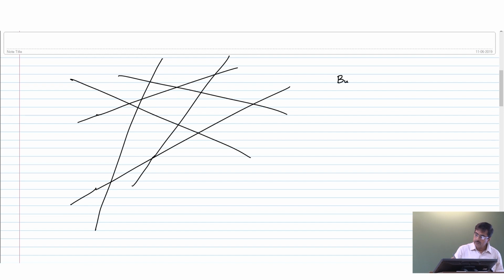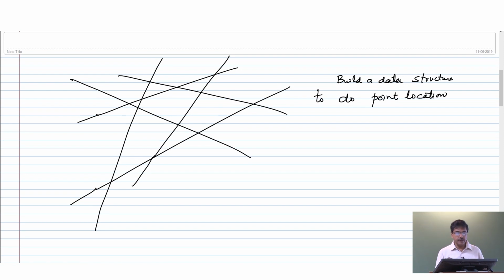So build a data structure to do point location. So by which what I mean, I am given this set of n lines. Let us say this L is the set of n lines L1, L2 up to Ln, okay.